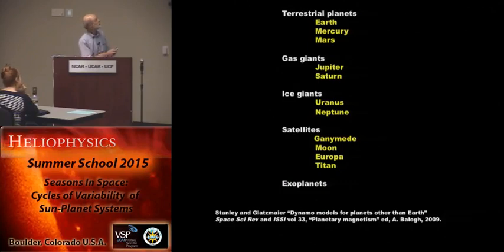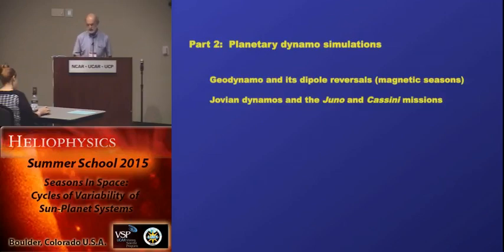I'm going to talk about the geodynamo and the Jovian dynamo, mainly Jupiter. So, as I'm just saying here, for the geodynamo, you might consider magnetic seasons, not seasons due to orbital motion, but due to non-periodic magnetic dipole reversals. So we'll talk about that.